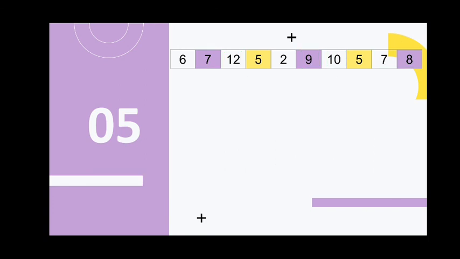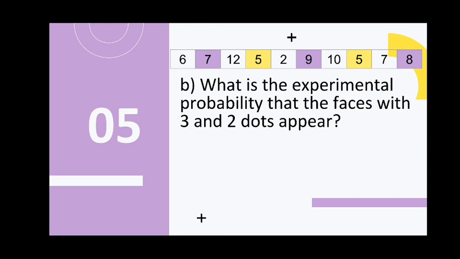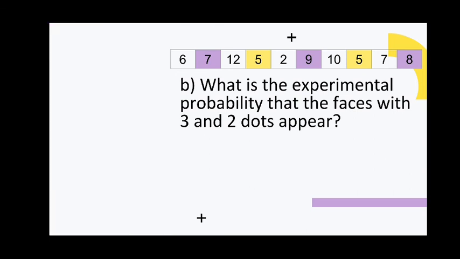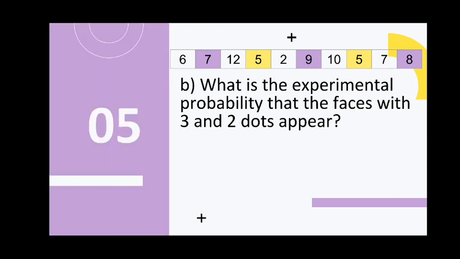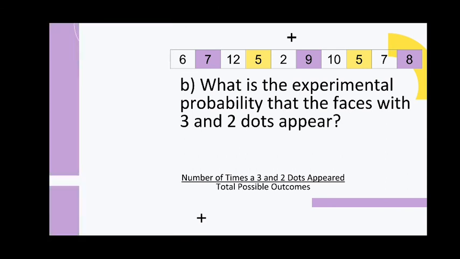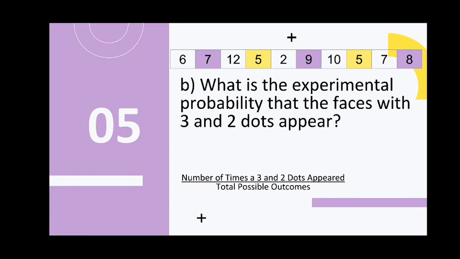Next question. What is the experimental probability that the faces with 3 and 2 dots appear? So we should know the number of times a 3 and 2 dots appeared over the total possible outcomes. So kapag 3 at 2 yung dots na nag-appear dun sa dalawang dice, yung sum nila is equal to 5 because 3 plus 2 is equal to 5.